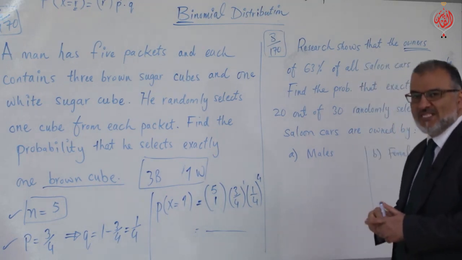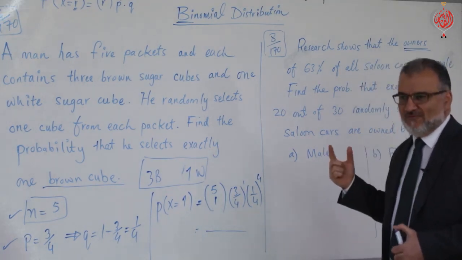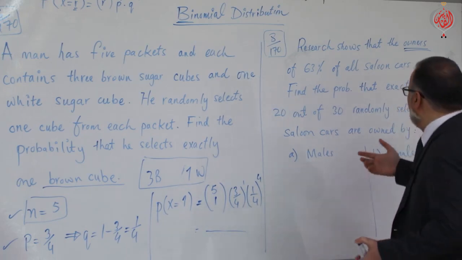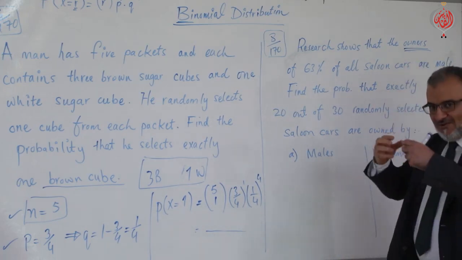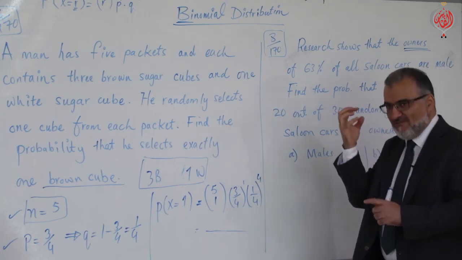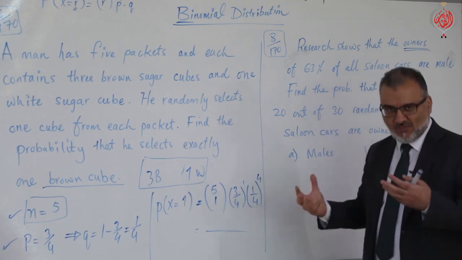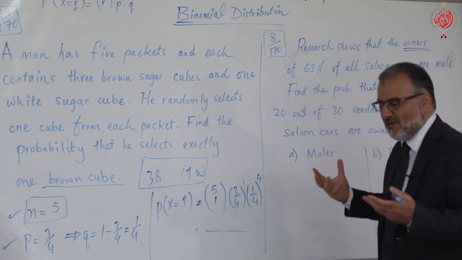So are we dealing with what type of random variable? Here the owners, of course, countable. This random variable, the owner, ask yourself, does it result in two outcomes, two types or not? Yes.